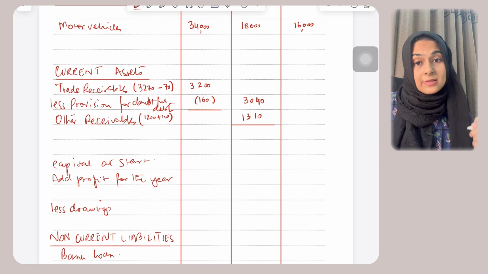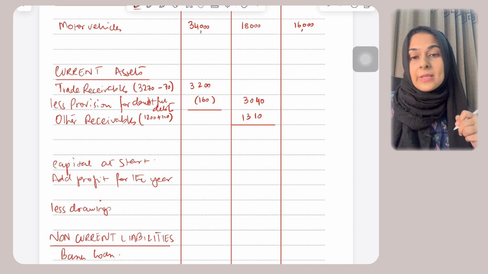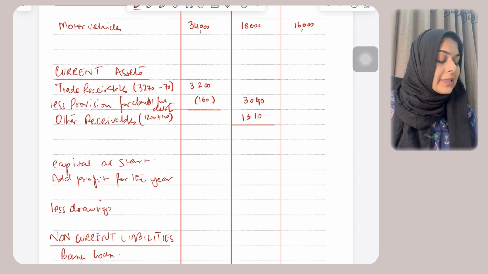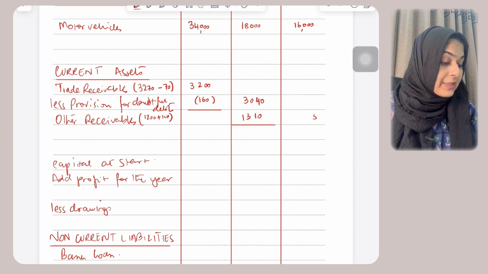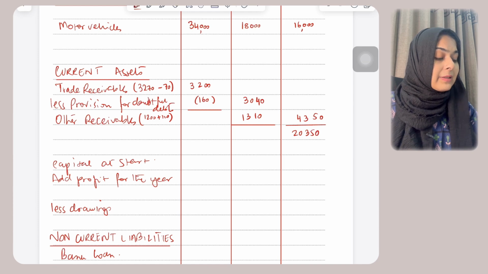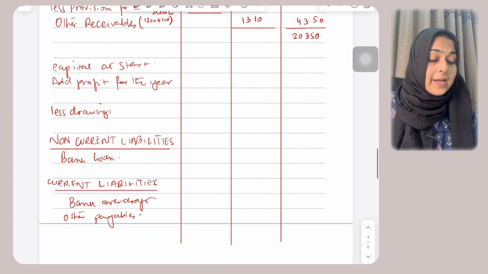Prepaid expenses are other receivables and owing expenses are other payables. So 1,310 plus 3,040 will be 4,350. And 4,350 plus 16,000 should give me 20,350. This is my total assets at the end of the year.